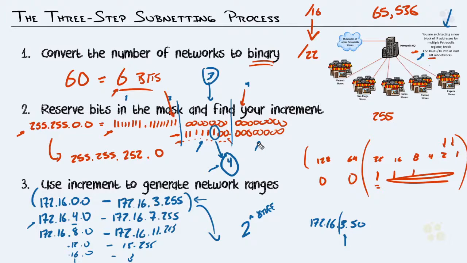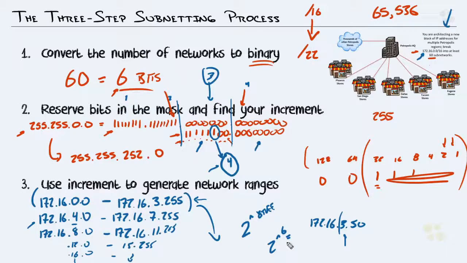If you want to know how many subnets do I really get, well, then you just do 2 to the power of how many subnet bits you have. 6, right? And that will give you how many subnets you have. Now, I know we're like, oh yeah, 2 to the power of 6, you can't do that in your head. First off, if you don't have access to a calculator, know that these are the powers of 2. And just make sure you remember that the first one is 2 to the power of 0.